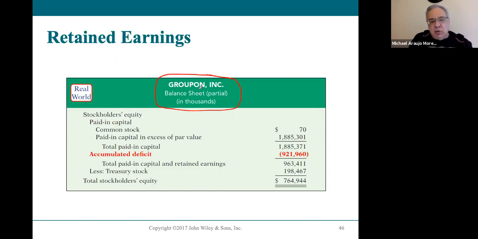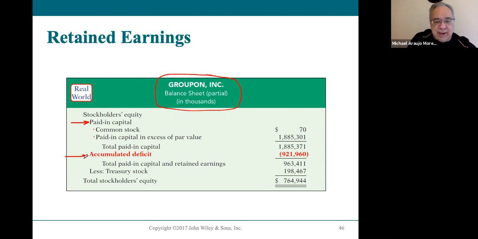So here, Groupon's balance sheet shows their paid-in capital common stock, paid-in capital in excess of par for common stock. But they don't have any retained earnings because there's a lot of companies that start off. It's very common for companies to lose money before they become profitable. Amazon didn't make a penny for, I think, 7, 8, 9 years before they became profitable. Of course, now look at them.